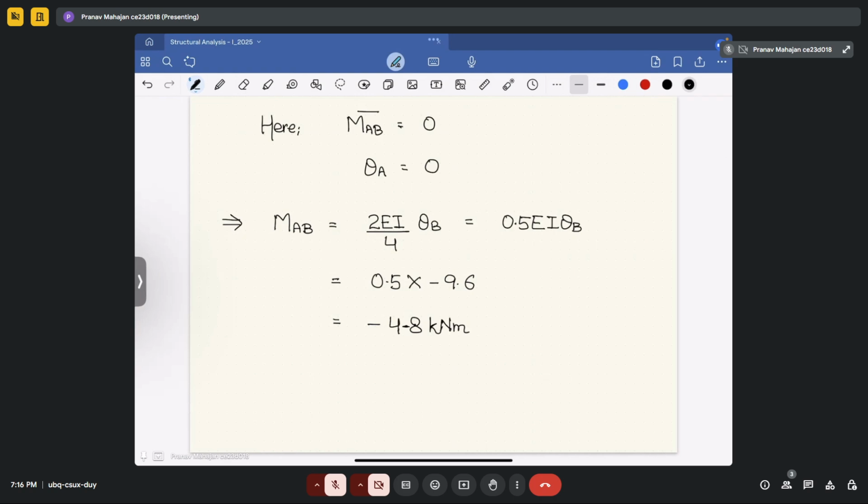So now the remaining thing left for you is to calculate the horizontal reaction. So how will you calculate the horizontal reaction? Let's see that.